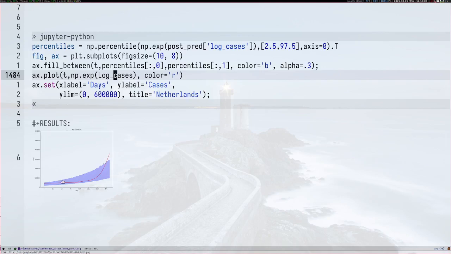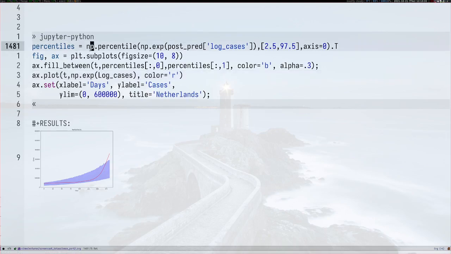Yeah, so for instance, this could be the case because in the start it goes on rather in a flat way, so it might be hard to actually model this with an exponential distribution. Perhaps we should have started our model at day 75 or something, so I'll leave that for you to figure out. But on average, I would say that the fit is actually not so bad for our model.